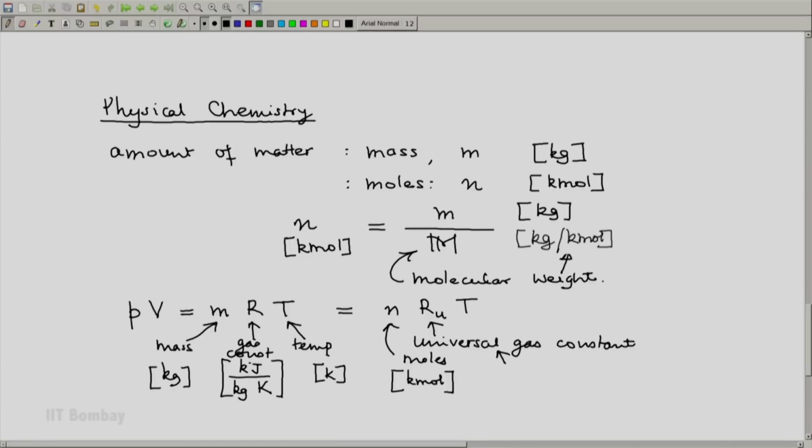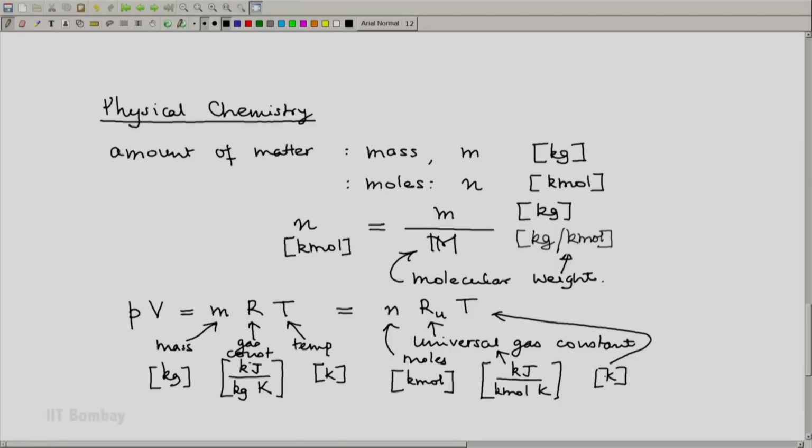Universal gas constant will have units of joule per kilomole Kelvin or kilojoule per kilomole Kelvin, and of course T will have the units of Kelvin being temperature.